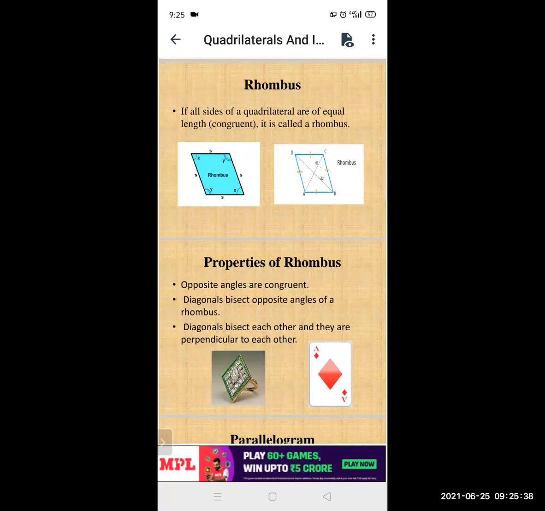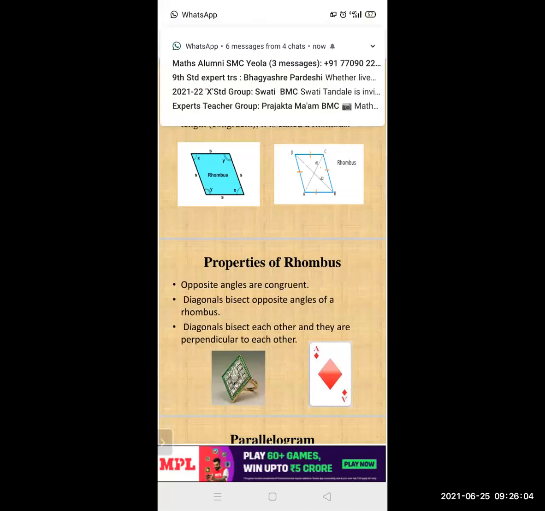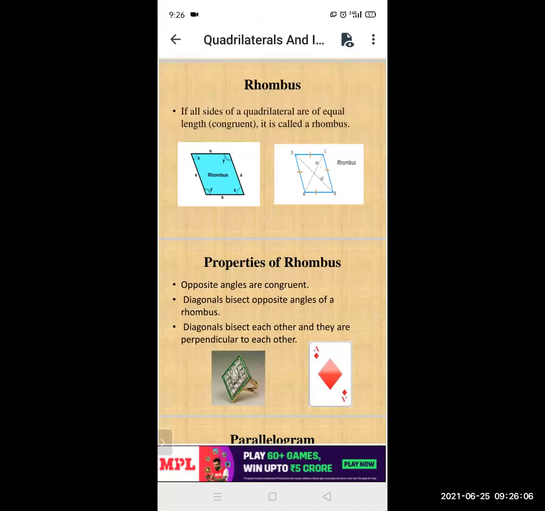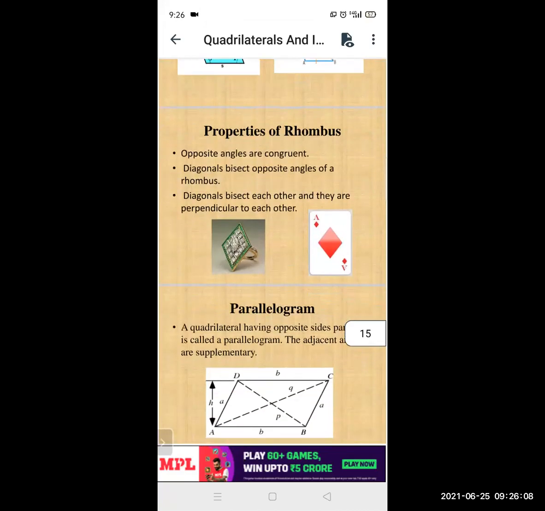Also, a ring is shown here, and that is also a rhombus shape. It is like a square, but slightly moved in cross section, so it is a rhombus. So these are different examples of a rhombus.